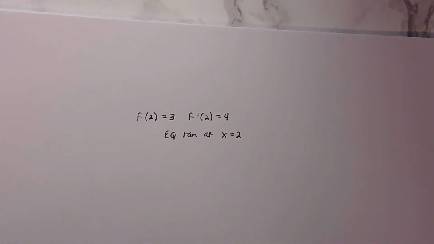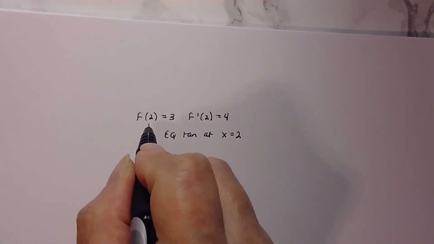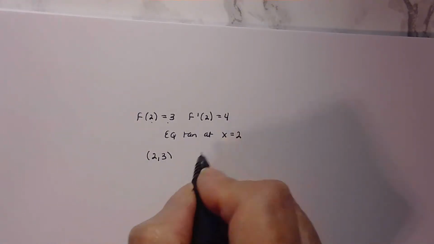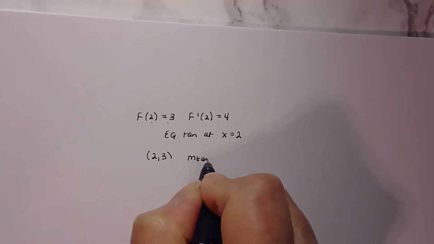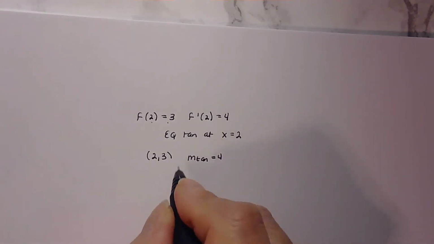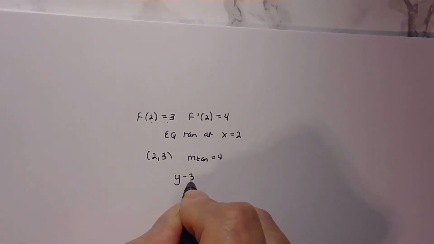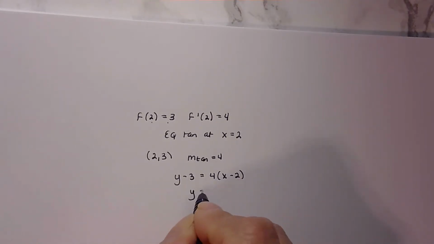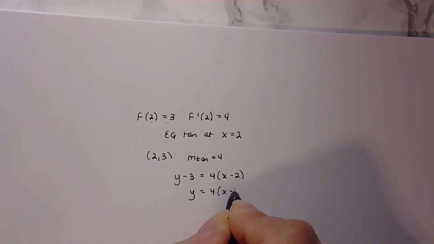No big deal. We have a point, the point is (2, 3). We have the slope of the tangent line, which is 4. So we know that the equation is just going to be y minus 3 is equal to 4 times x minus 2, or y is equal to 4 quantity x minus 2 plus 3. Done.